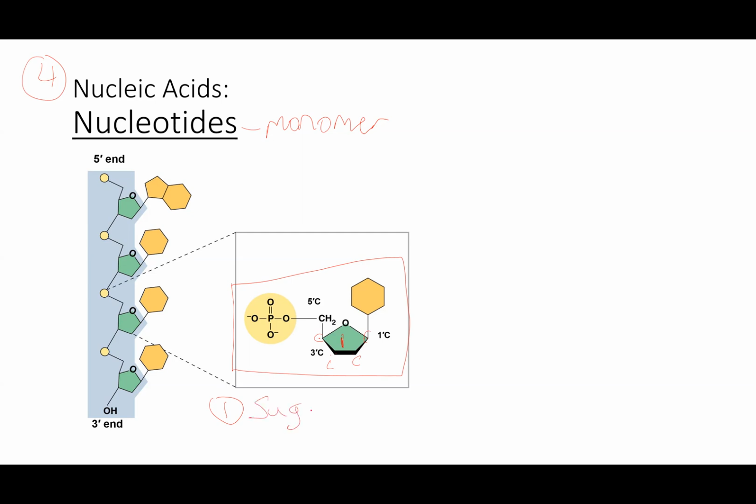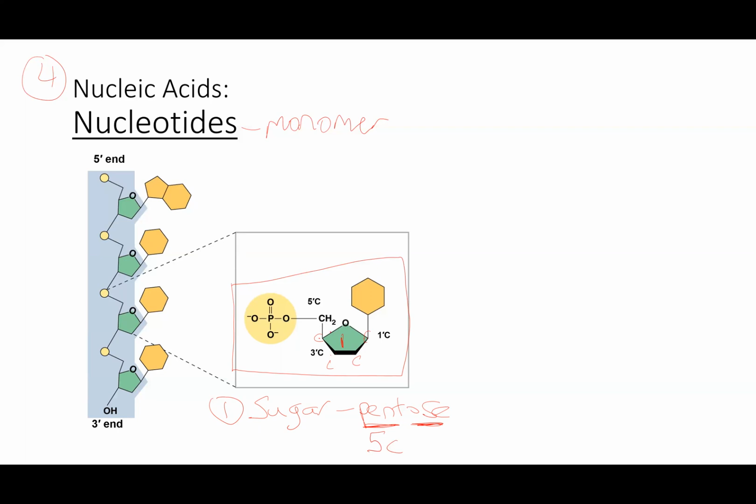So a nucleotide has 3 parts. One part of that is a sugar. These sugars are pentose sugars. Ose tells us it's a sugar. Pent tells us what? It has 5 what? 5 carbons. So it's a 5-carbon sugar.